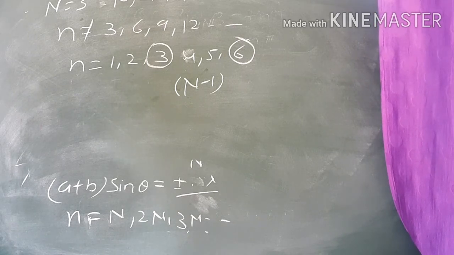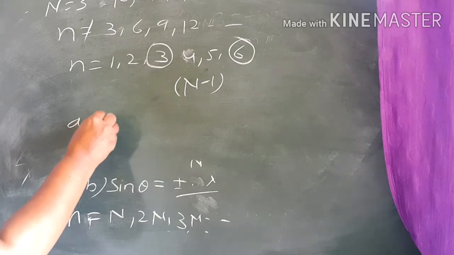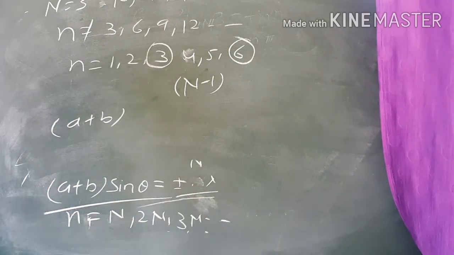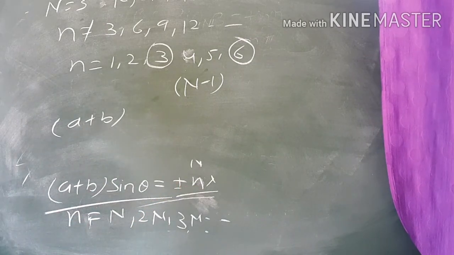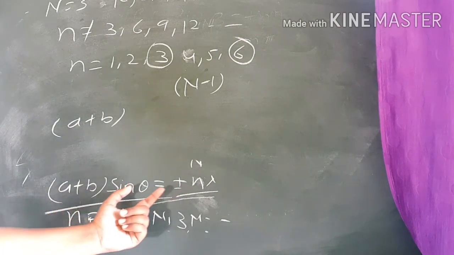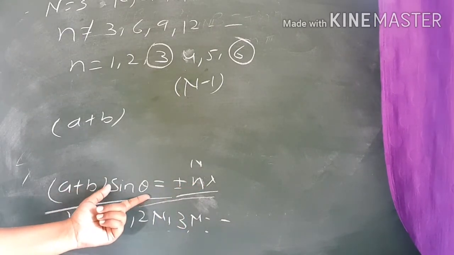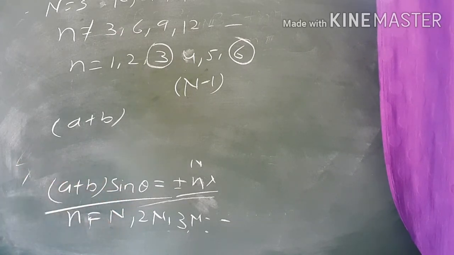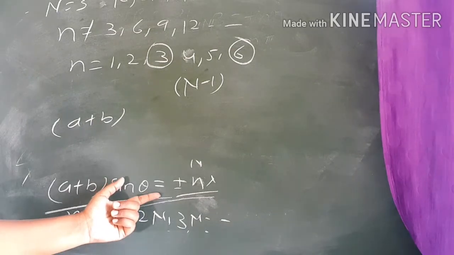Again for N parallel slits, the condition for nth order principal maxima is a plus b sin theta is equal to n lambda. It means for the value of angle of diffraction theta satisfying the above equation, we have the principal maxima.